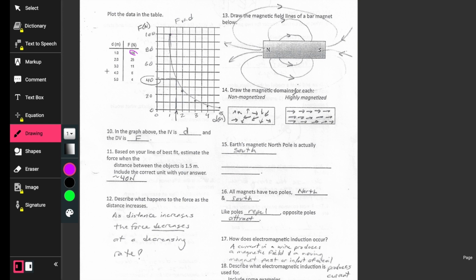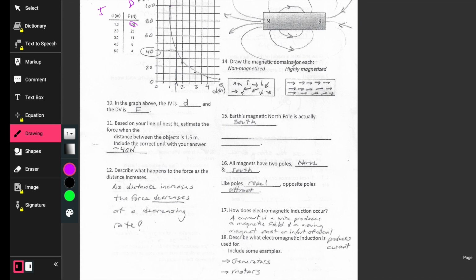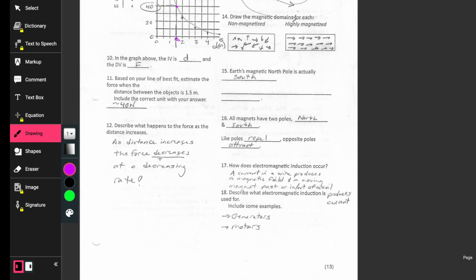What's the IV and DV? Independent variable, always on the x-axis. Dependent variable on the y-axis. Based on the line of fit, what's the force between the objects when the distance is 1.5 meters? Here's 1.5, and we're guessing it's about 40 newtons.